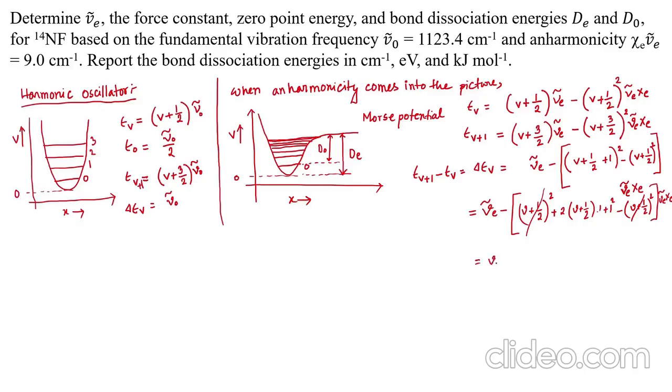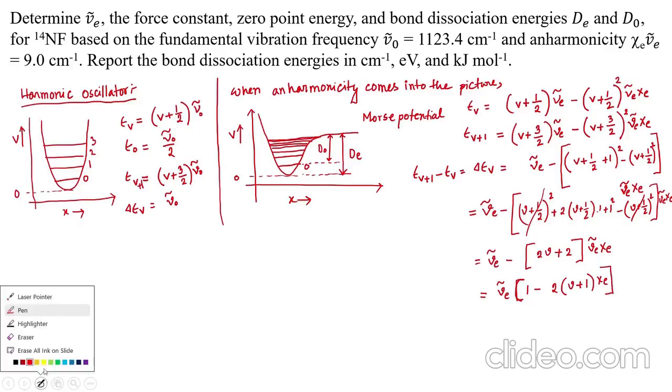So you are here with 2b plus 2 vxe. So if you take this as common, you have 1 minus 2 common b plus 1 x.